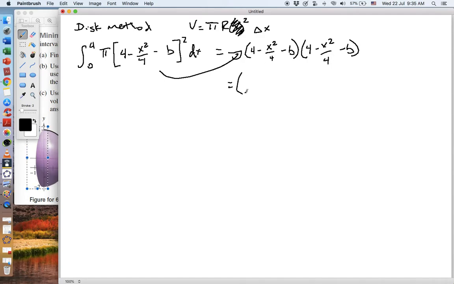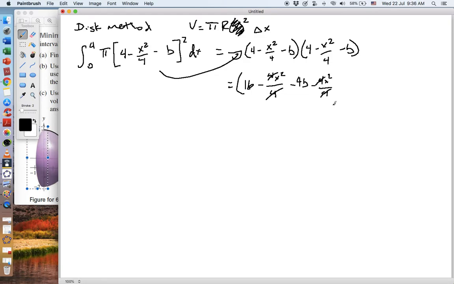And then that's going to equal, multiply the first one, 16, multiply the second, you get minus 4x squared over 4. And then we can get rid of that. We just got an x squared minus the first term times the third term, minus 4b. Then we'll go on to the second term times the first term, minus 4x squared over 4.